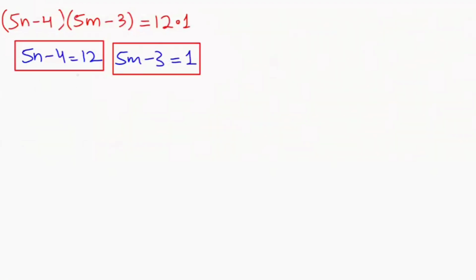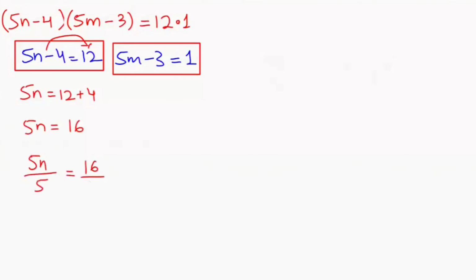Now we are going to solve this for n. 5n minus 4 equals 12. I am going to take this 4 to the right hand side, so here I will get positive 4, and 5n equals 16. And this 5 is dividing with this side. 5n over 5 equals 16 over 5. This and this get cancelled, so here we get 16 over 5. So here we get a non-integer value, so this case can be rejected.